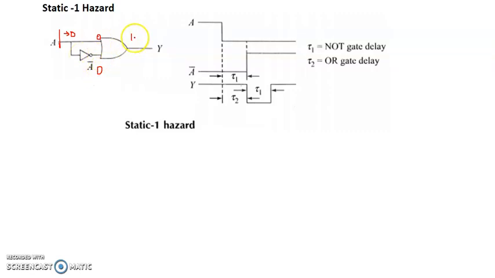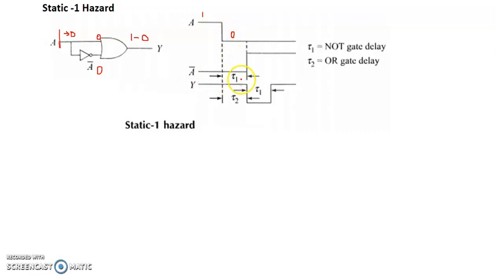When both are 0, the output is 0. What we expected is the output to always be 1. Due to the delay of the inverter, for that period of time the output across Y is 0. That's what is given in this timing diagram when the input changes from 1 to 0.